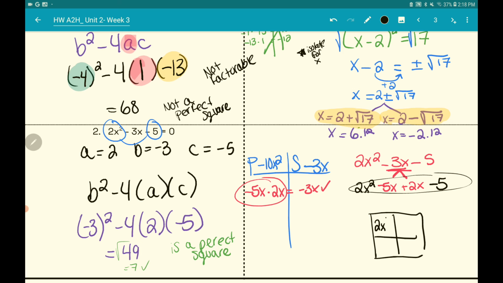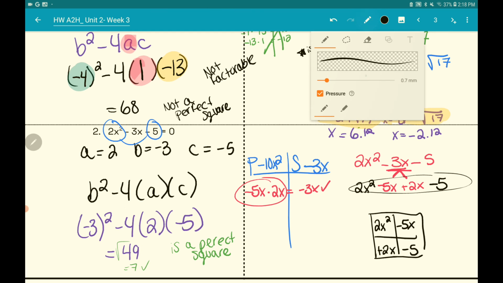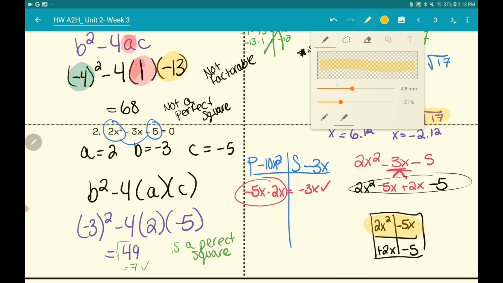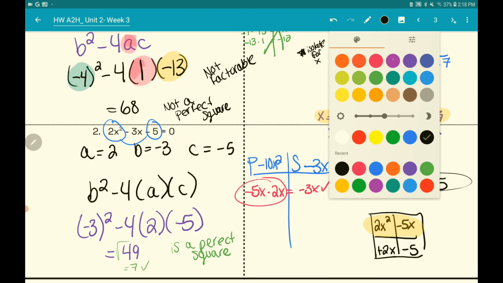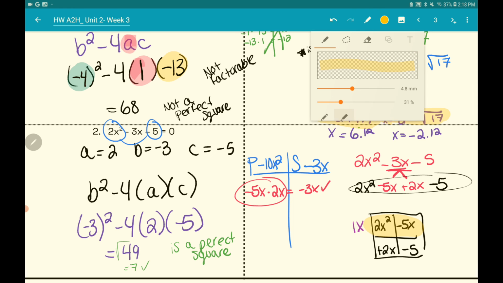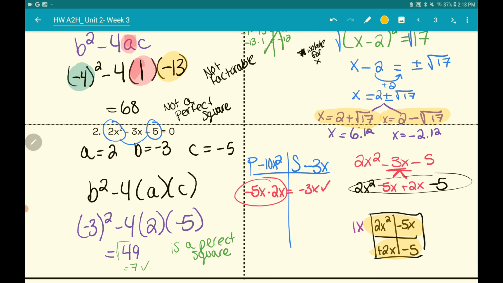So 2x squared minus 5x plus 2x minus 5. All right, so if I look here, what is the GCF? My GCF for this is going to be 1x. If I check the GCF for the bottom, I can only take out a positive 1.